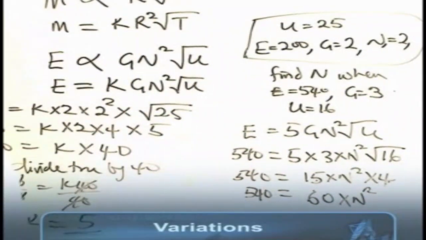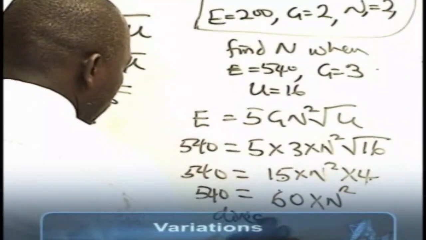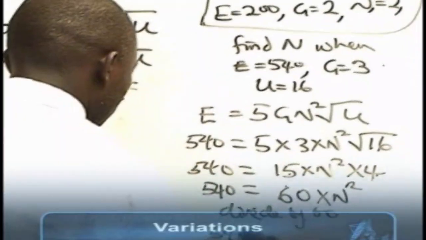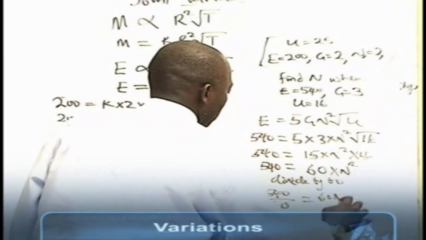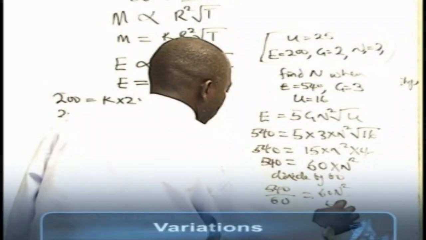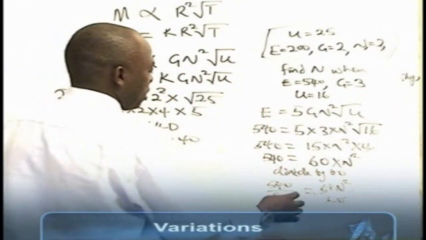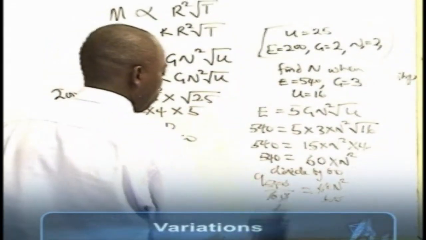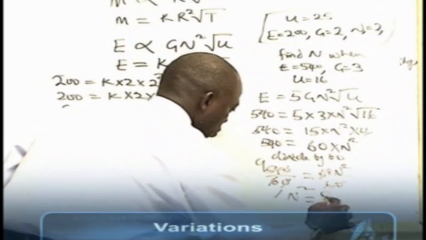You divide both sides by 60. 540 over 60 equals 60 N squared over 60. If you cut 60 on this side, then you have 6 here 1 in 54 9. So eventually you have N squared equals 9.